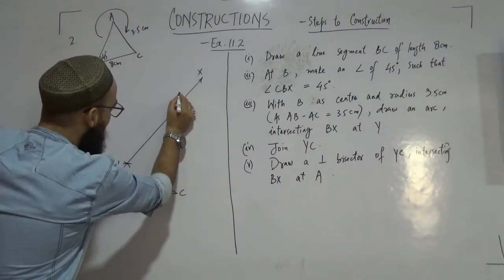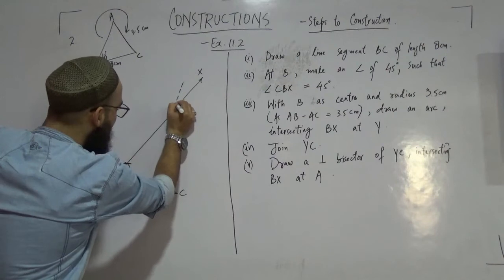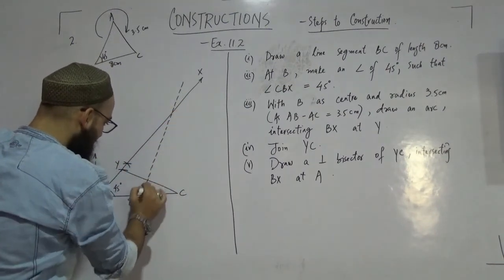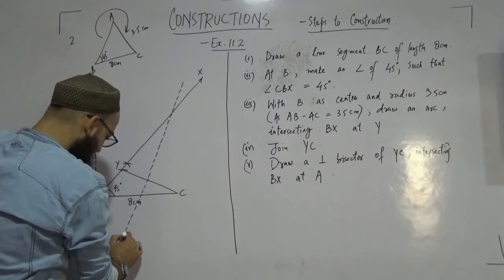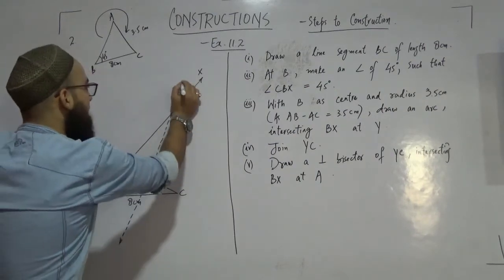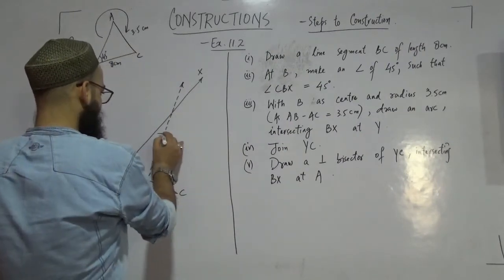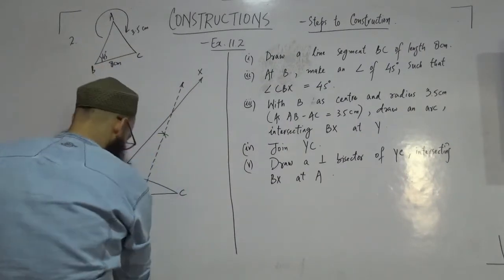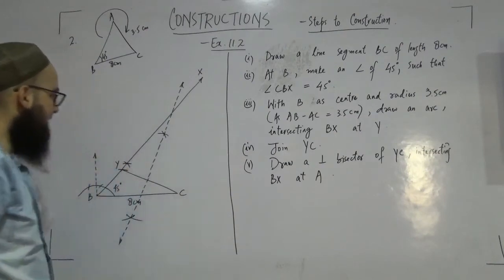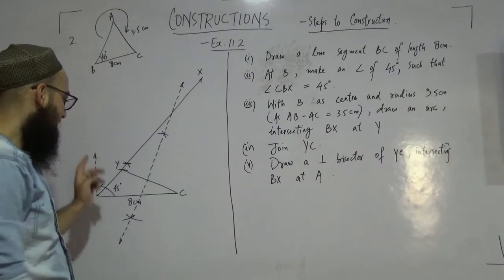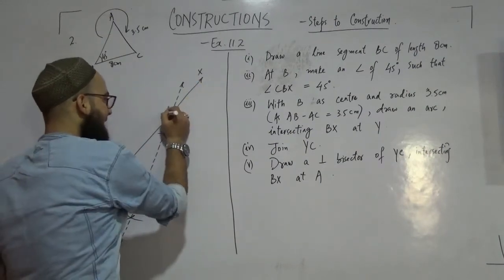That will go like this. So you'll get something like this. Perpendicular bisector of YC intersecting BX at A.